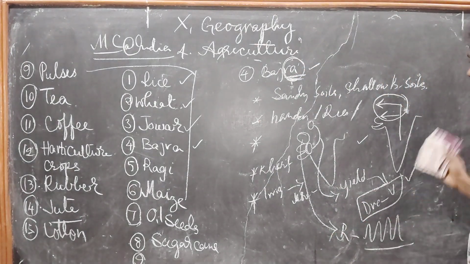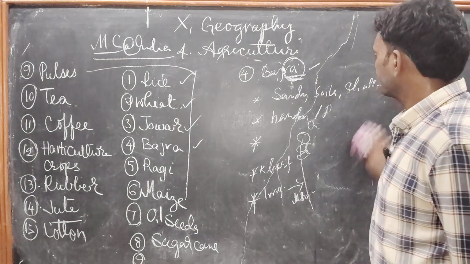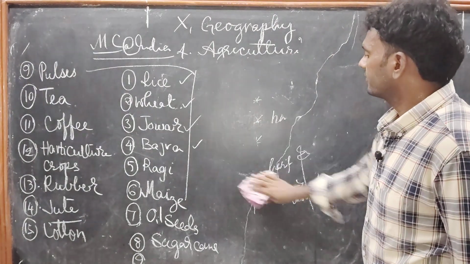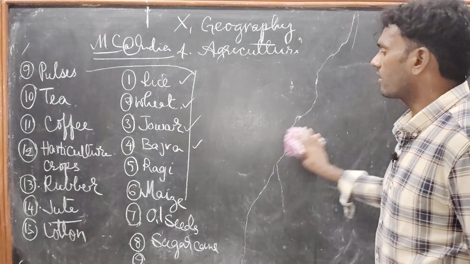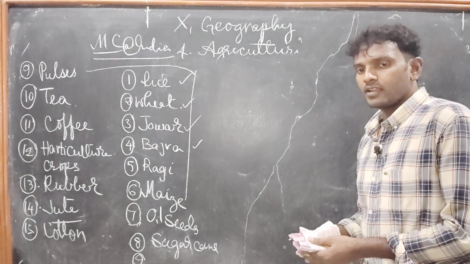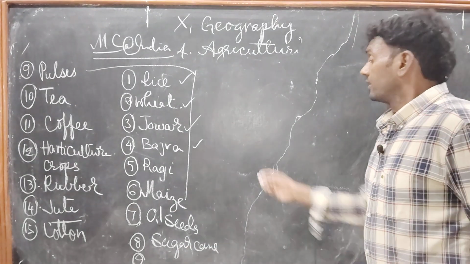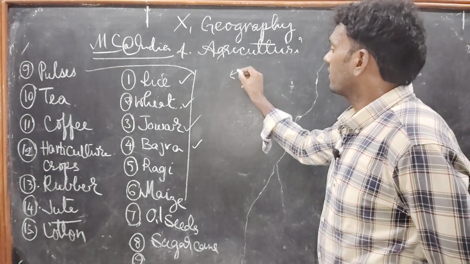Okay, coming to ragi. It is the fifth crop. Ragi is very famous in Karnataka. Ragi mudda. Fifth one, ragi.